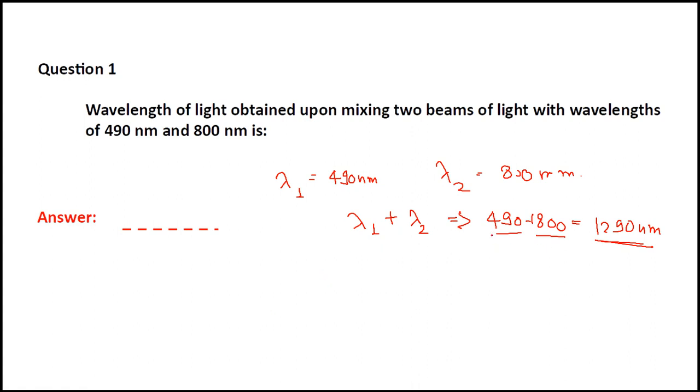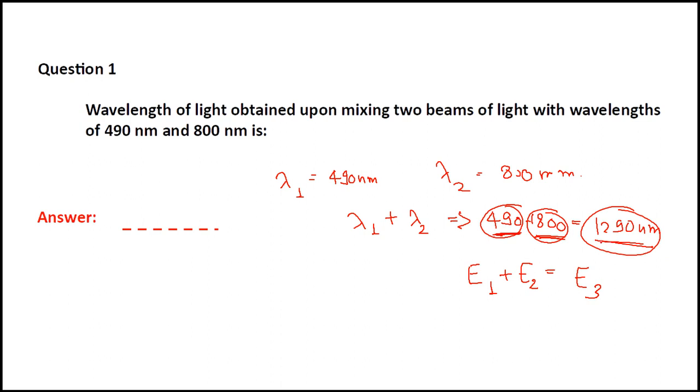But why is this wrong? Because if you add two energies, E1 and E2, if you talk about wavelength in terms of energy, the third energy will always be greater than the first two.